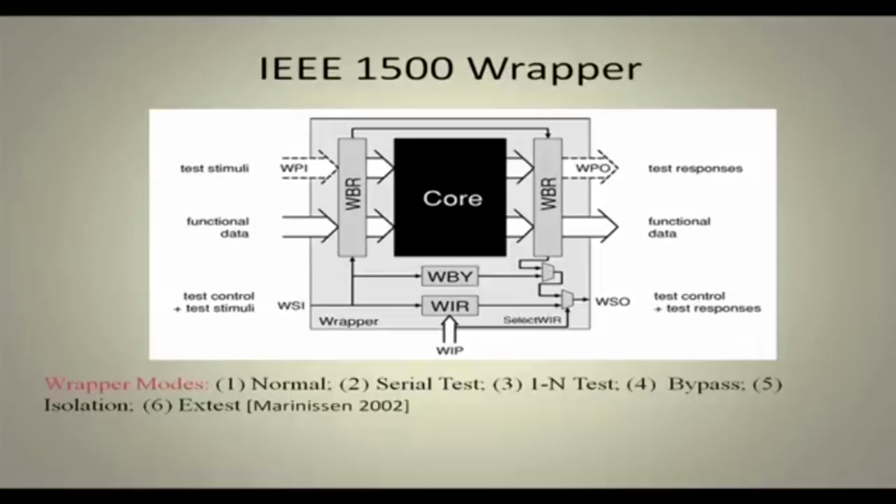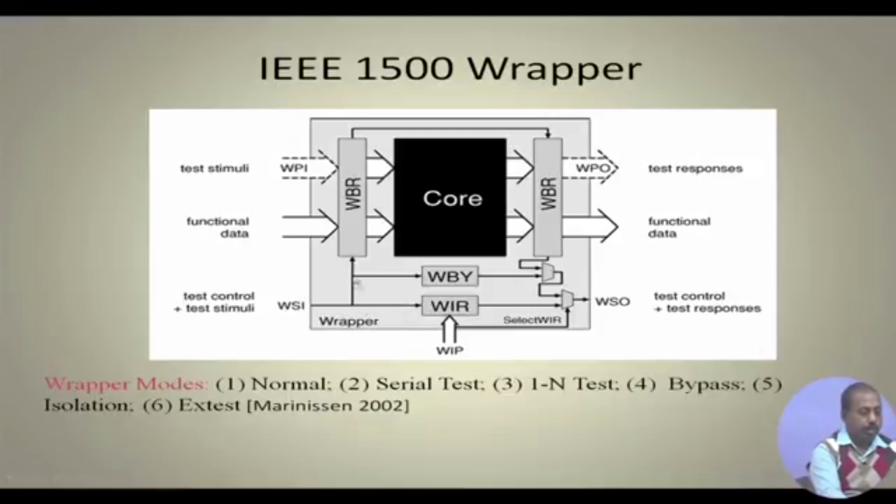So, this is the 1500 wrapper. We have the normal mode of operation, serial test, one to n test, bypass, isolation, and X test. These are the various modes. We have already discussed that the WSI, the serial input, can be used for giving serial data.